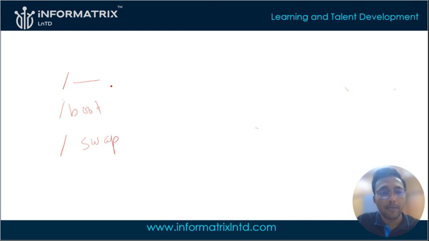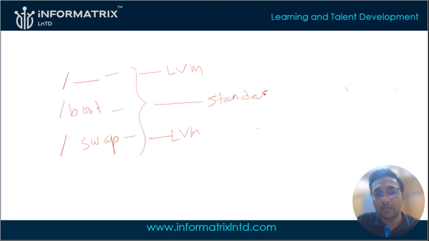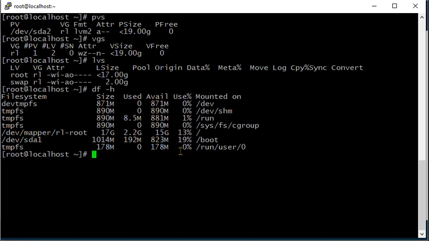These 3 partitions are automatically created during the OS installation. Slash and swap are LVM type partitions, and slash boot is a standard primary partition.